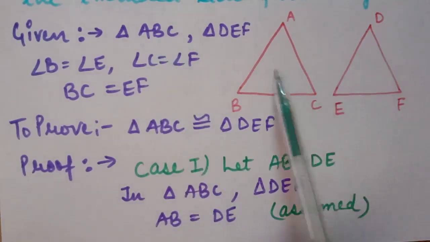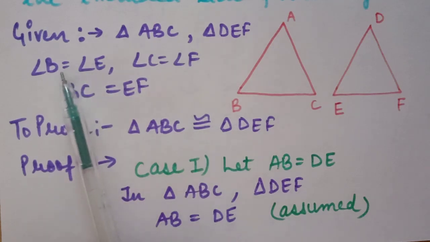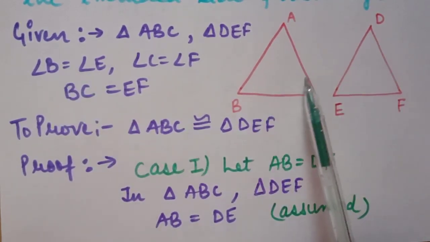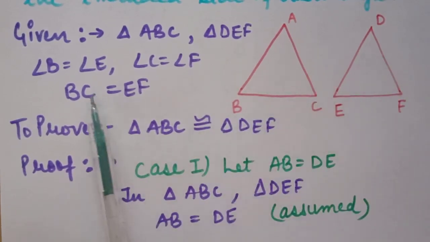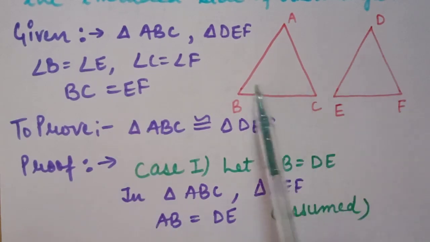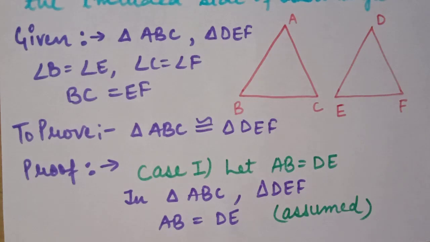In these two triangles ABC and DEF, two angles, angle B is equal to angle E, angle C is equal to angle F, corresponding parts, remember, and BC is equal to EF. This is the side present between the two angles.